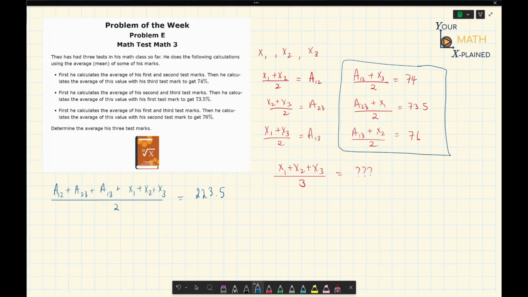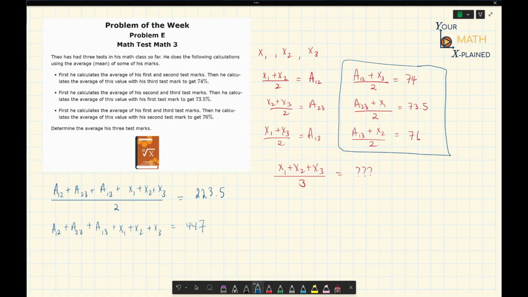Similar to the last problem, we probably don't want to see this fraction, so I'm going to multiply everything through by 2 so that I don't have a decimal on the right side and I don't have a fraction on the left. That makes it 447 on the right. Now there's more relationships to be had because we want to keep the x1, x2, x3, but we don't want to see the A's.